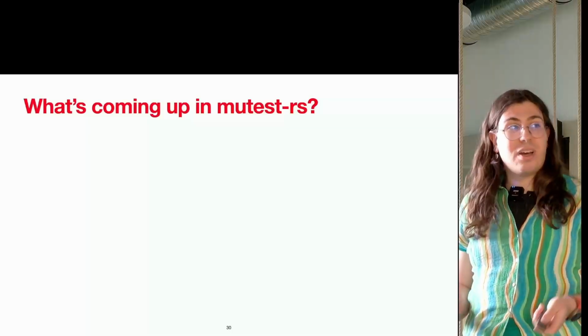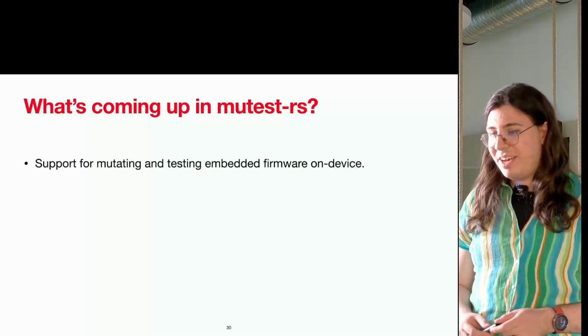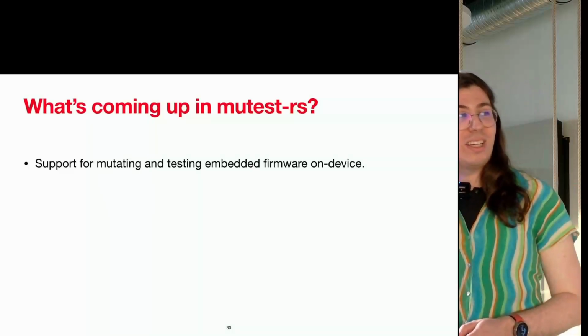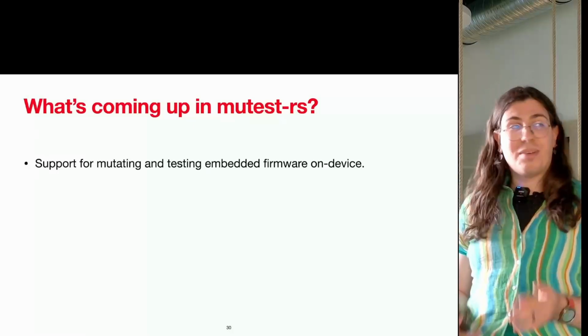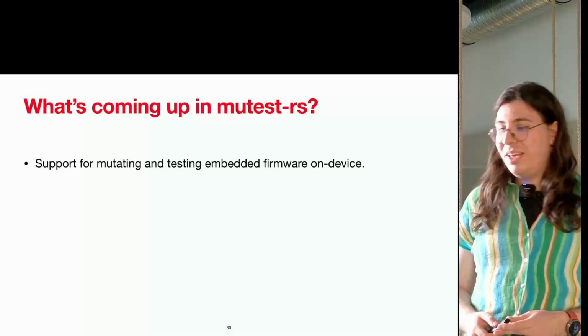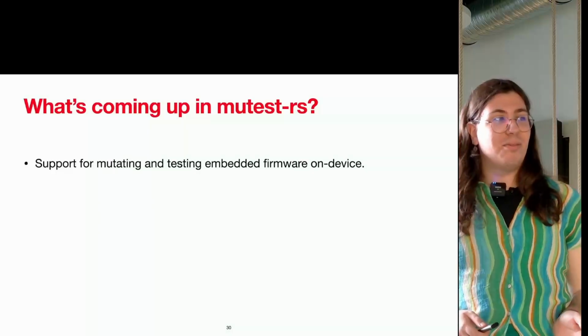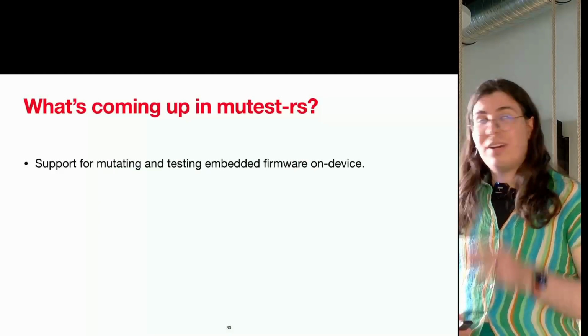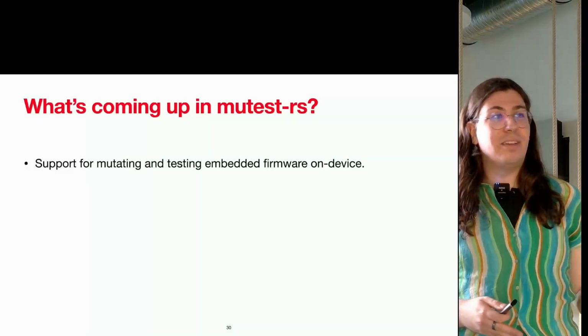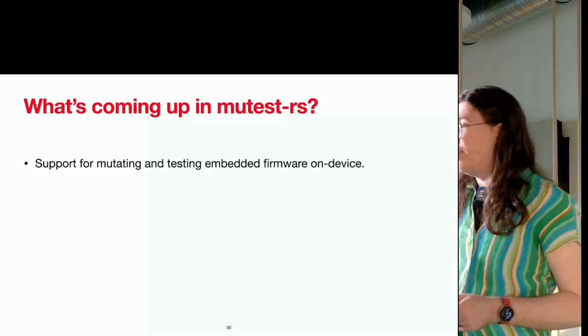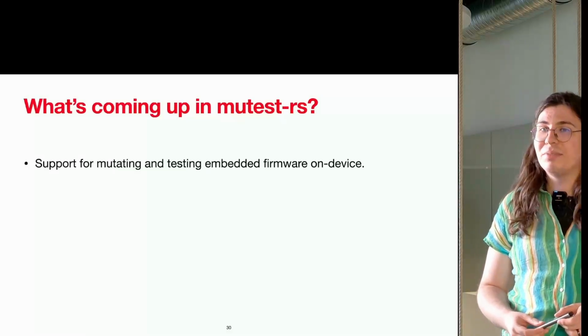As for what's coming up with mutest-rs, one exciting piece of work, which is not upstream yet but is coming over the next couple of weeks, is that we have working versions of mutest-rs that are able to mutate and then test embedded firmware written in Rust on device.